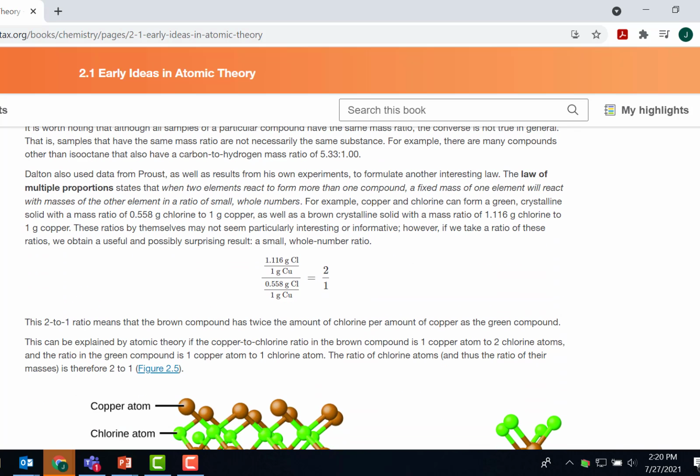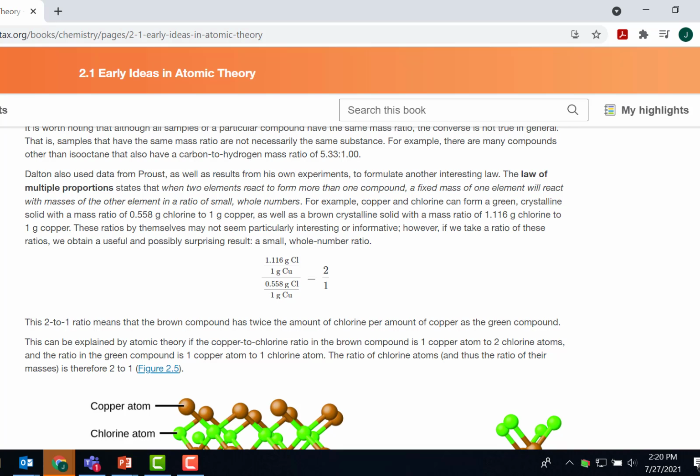And then the other one is the law of multiple proportions. This sounds like it might be a contradiction to the first law, but it's actually not. They are both true at the same time. This one says, when two elements react to form more than one compound, a fixed mass of one element will react with masses of the other element in a ratio of small whole numbers.